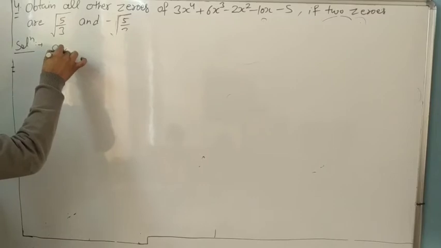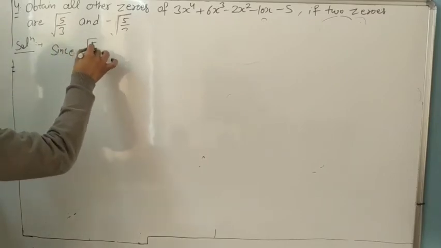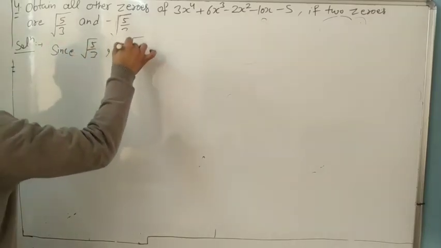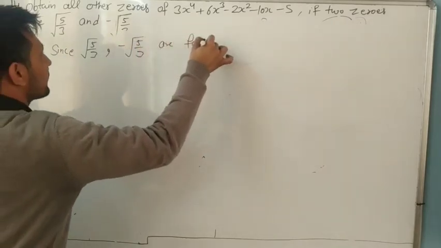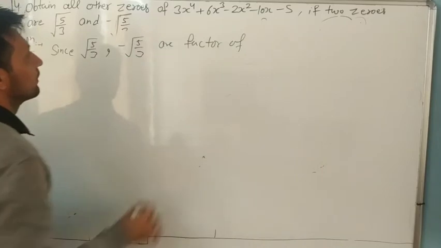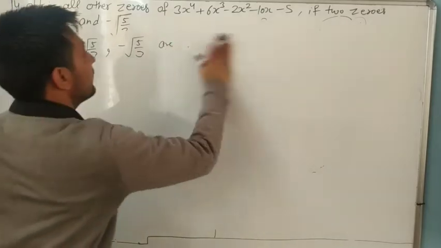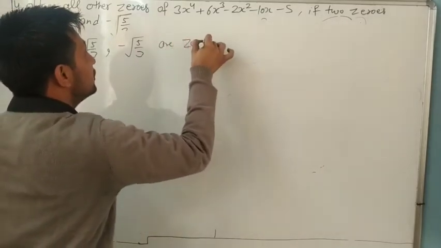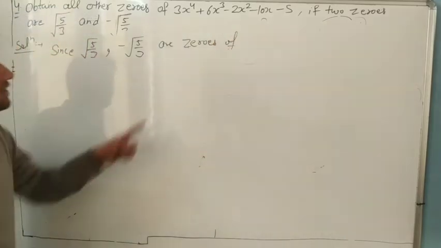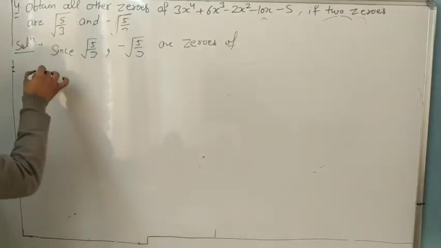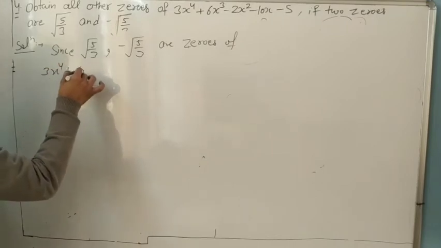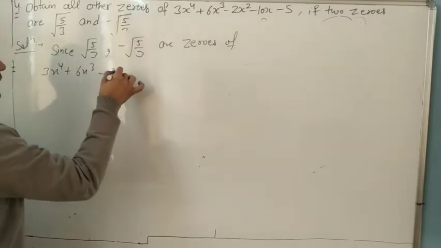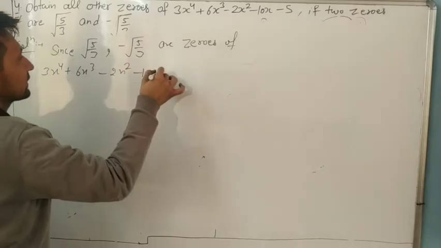Since root 5 by 3 and minus root 5 by 3 are zeros of this polynomial, zeros of 3x4 plus 6x minus 2x square minus 10x minus 5.